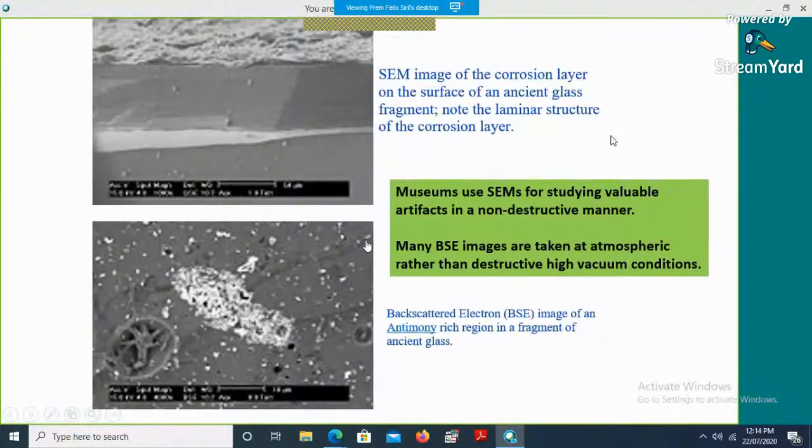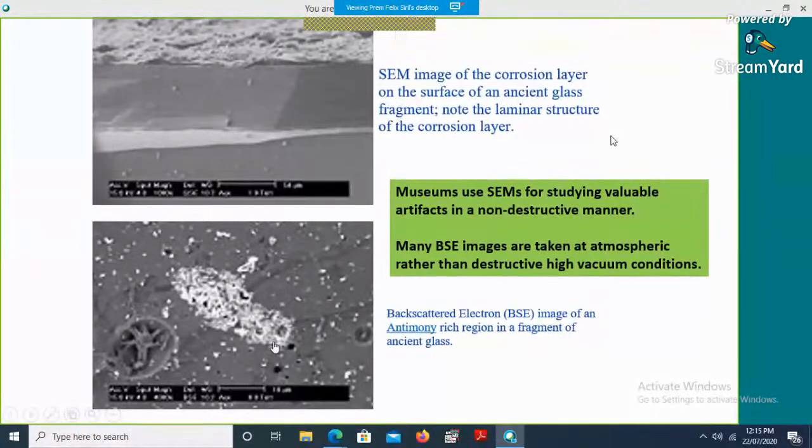destroying your sample. In this case, it's a glass piece on which some corrosion layer is getting deposited. You can see not only that some deposition is getting formed, but also what the material is. Say, in the lower panel, it is antimony that is getting deposited.